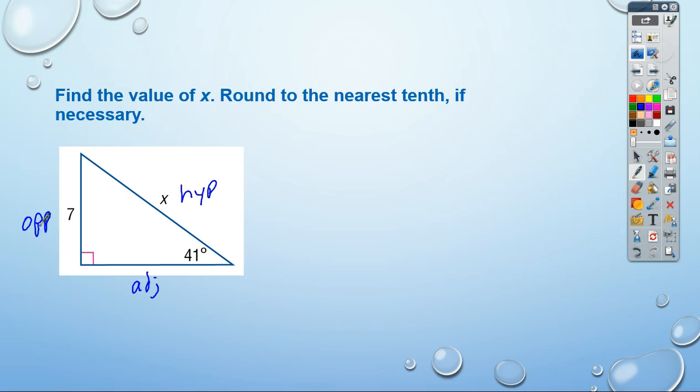I want hypotenuse. Opposite and hypotenuse, go up there and take a peek. Oh yeah, sine of theta is equal to opposite over hypotenuse. I fill in what I know. Sine of 41 degrees is equal to opposite, which is 7, over hypotenuse. Oops, not hypotenuse. I need to call it what it is, which is x.